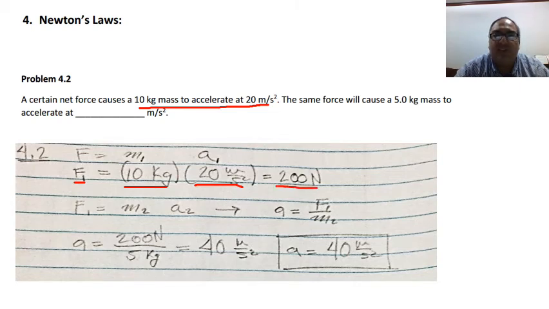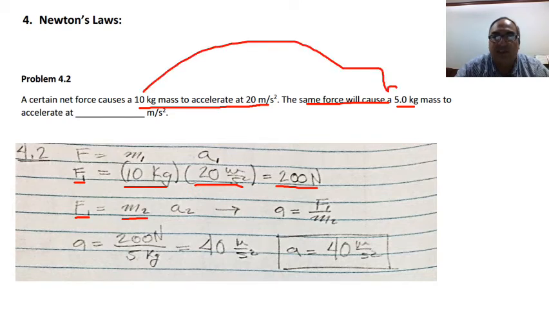And then that same force will act on 5 kilograms. So F1 is going to act on another mass, a different mass, because it's different than 10. And it's going to cause that to accelerate at what acceleration? So a2 is going to be the question.